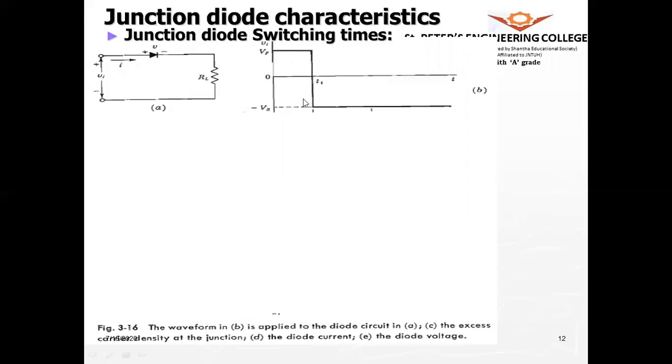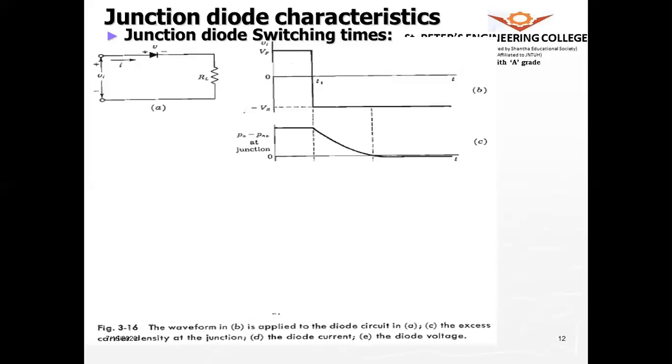If this is the voltage that is applied across the diode, we see that from 0 there is a sudden rise up to Vf. This is the forward voltage, and at instant t1 the voltage at the input falls down to minus VR, and it is constant, and a steady state is achieved.